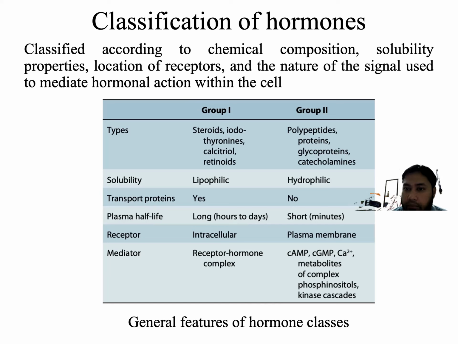They form a complex with the proteins, and they can travel inside our circulation using these protein-based hormones. In terms of solubility, of course, you know that steroids are lipophilic. They love the lipid condition, and then they can be solubilized, meaning they can be dissolved inside the lipid condition.